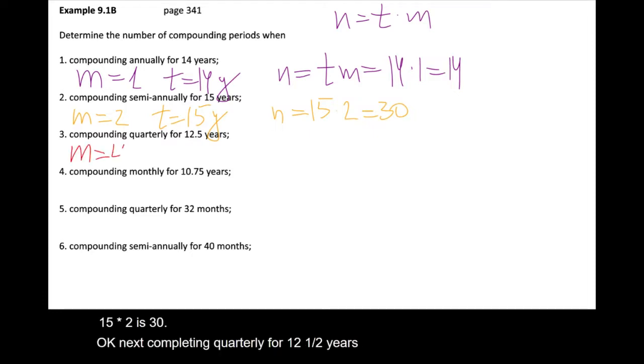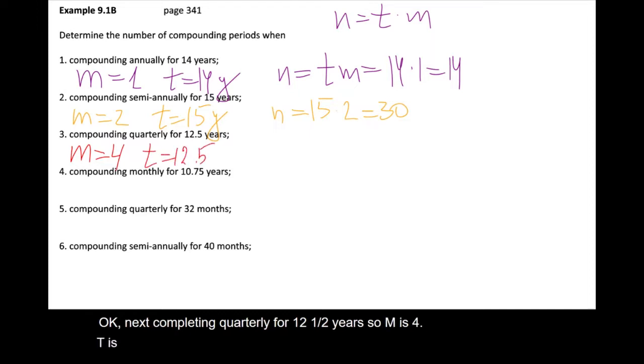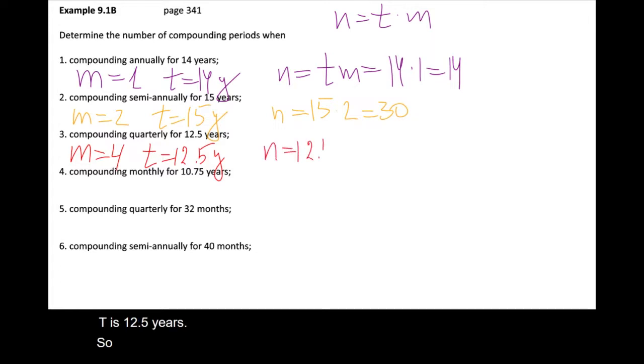So M is 4, T is 12.5 years. So N is 12.5 times 4, which is 50.